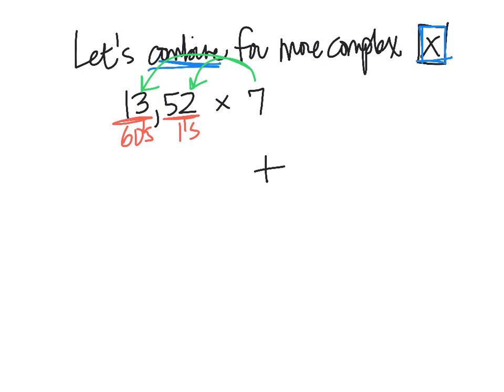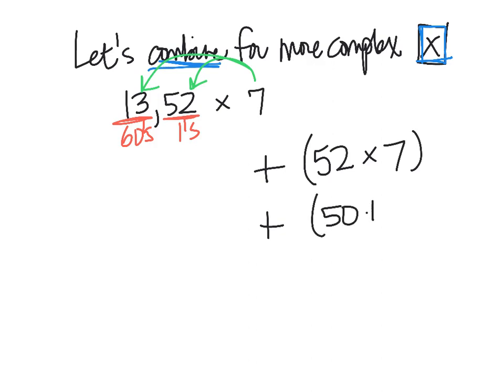Now, if I start with the simple part, if I have the 52 and I need to multiply it by 7, then what I can do here is, again, think of that 52 as 50 plus 2, and then I need to multiply that by the 7. Now, because this is all in the ones place, I'm going to be able to just read this directly from the Babylonian multiplication table.